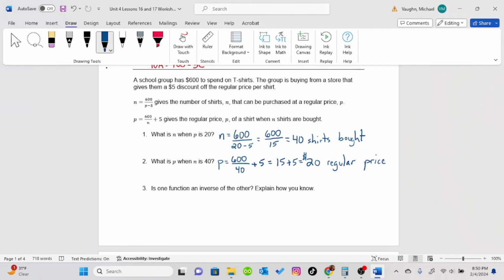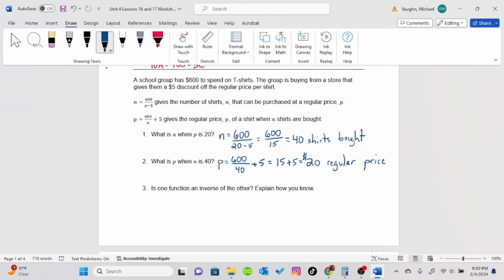Number 3. Is one function an inverse of the other? Explain how you know. For something to be an inverse, the input and the output are simply exchanged.